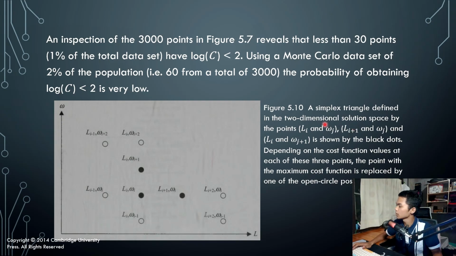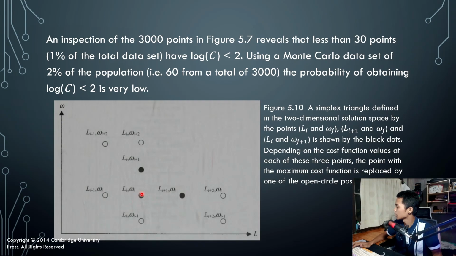Okay, so in figure 5.10, a simplex triangle defined in the two-dimensional solution space by the points L sub i, omega sub j; L sub i plus 1, omega sub j; and L sub i, omega sub j plus 1 is shown by the black dots.